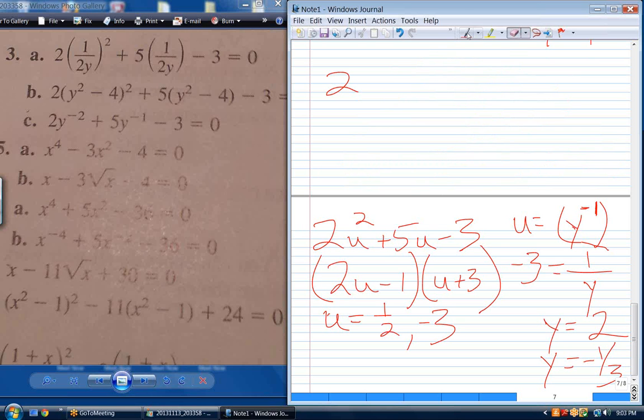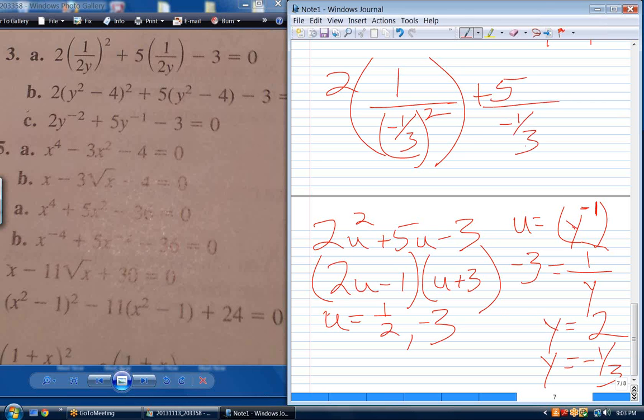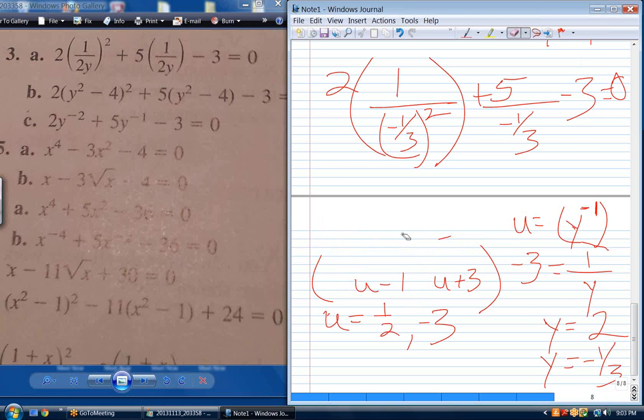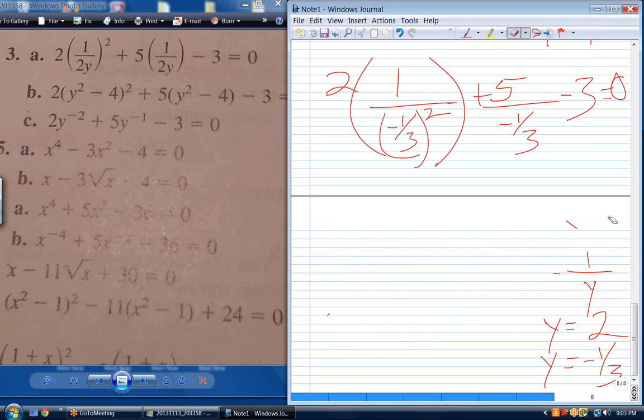Let's try the negative 1/3 solution. 2 times 1 over negative 1/3 squared plus 5 over negative 1/3 minus 3. Is that equal to 0? What's this first term?